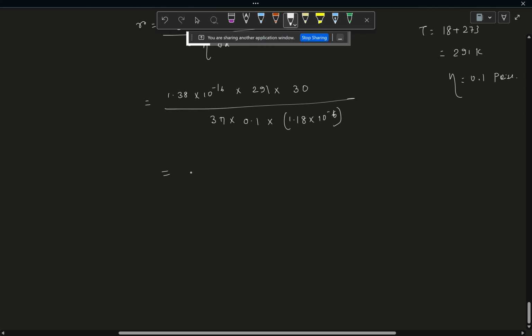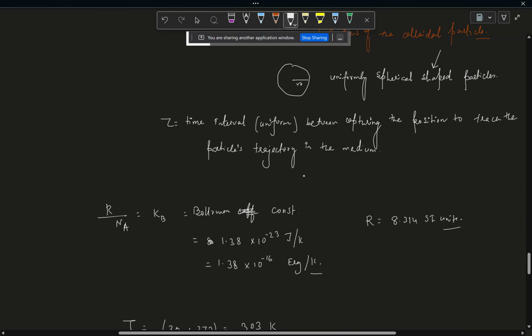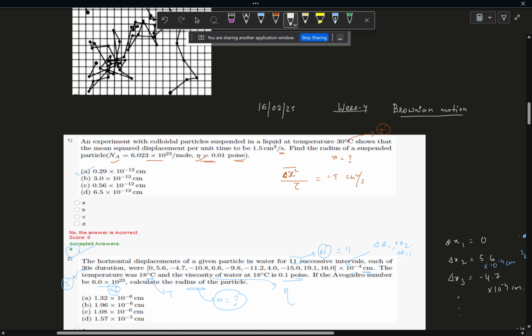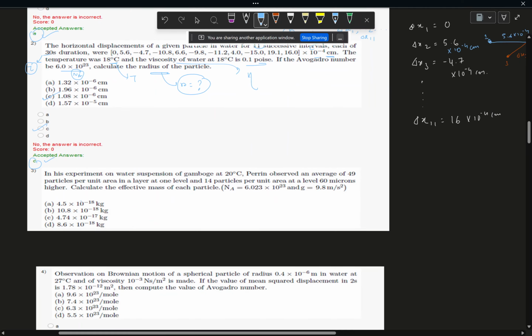So now once you have all of them, you calculate it using your calculator, and I have already calculated it, so the answer I know is coming as 1.08 into 10 to the power of minus 6 centimeter. So this is most likely chosen as your option number C. So let us go back and choose the correct option. Yeah, so the correct option is 1.08, which is your option number C, correct answer.